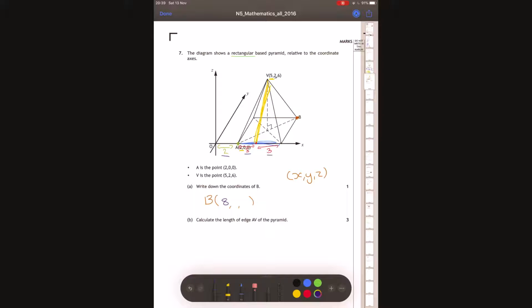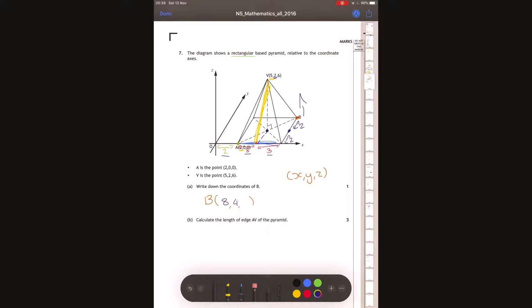V is 2 on the y-axis, so this point here is 2 back. And you can see that that point is right in the middle, which means it's the midpoint of here. So the midpoint is 2, which means that this is also 2. So it's 4 back.